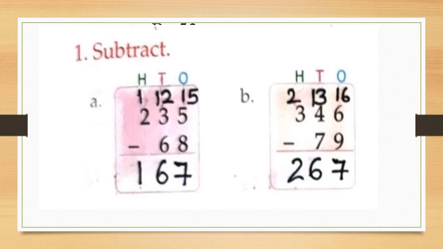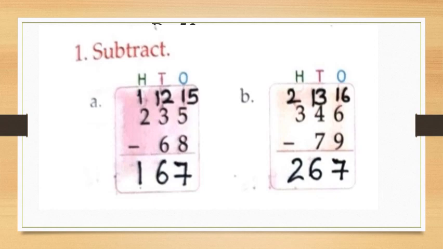So write 7 under ones. Now children, at tens place, you can't subtract 6 from 2. So borrow 100 from 200 to make 12 tens.